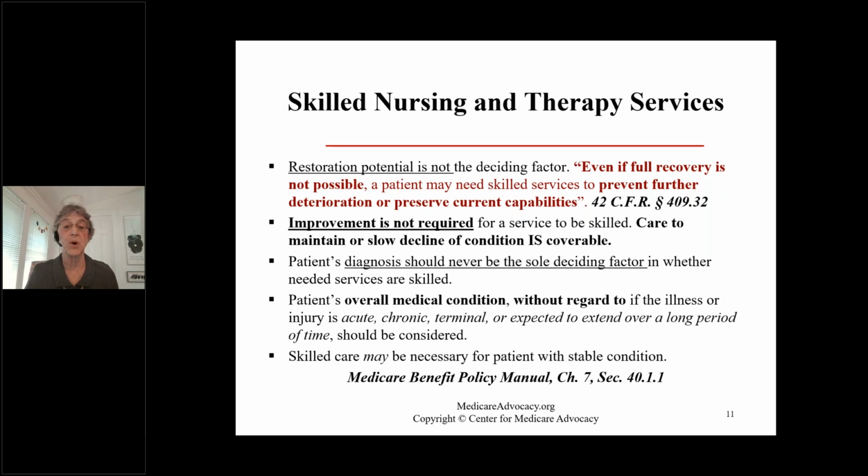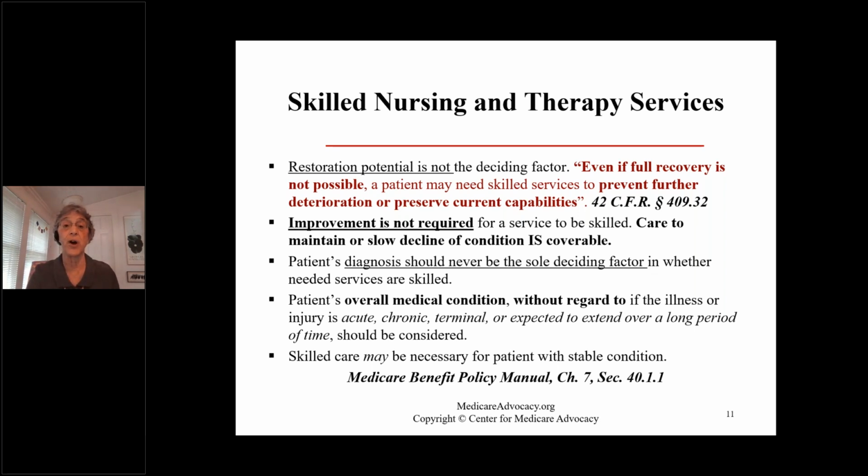Improvement is not required, and the patient's overall medical condition should be considered before making a Medicare coverage determination. If the illness or injury is acute, chronic, terminal, or expected to last a long time, care should still be considered as necessary if the patient meets the qualifying criteria, one of which is: could that skilled care be effective without the assistance or supervision of a professional?